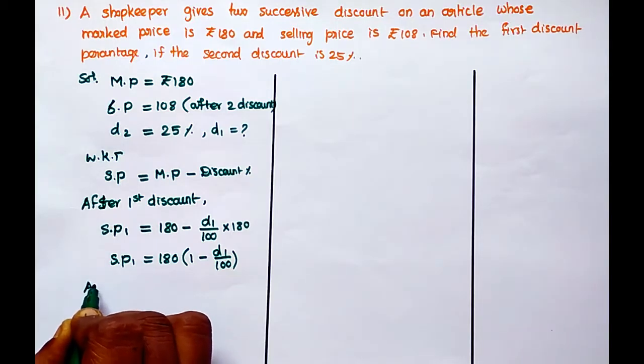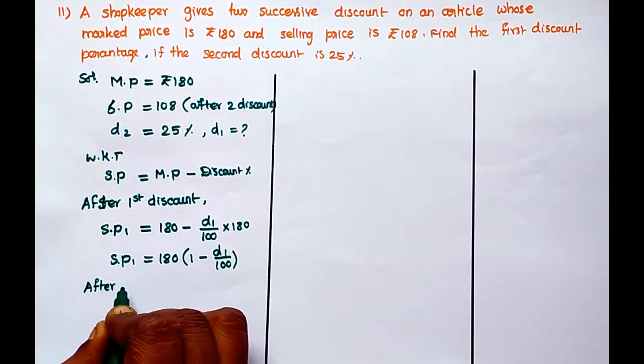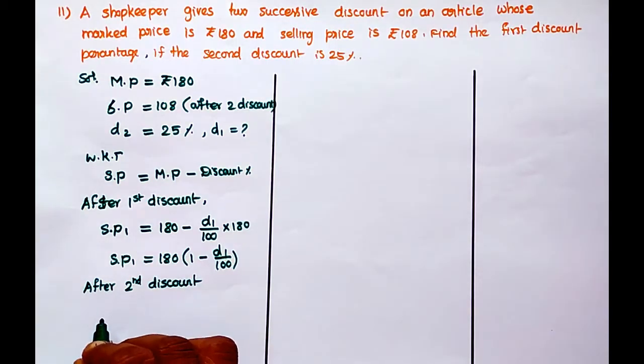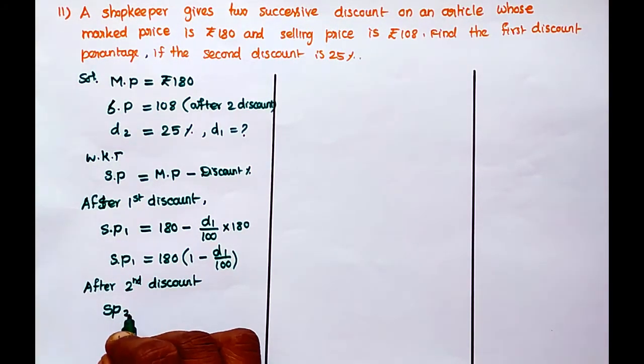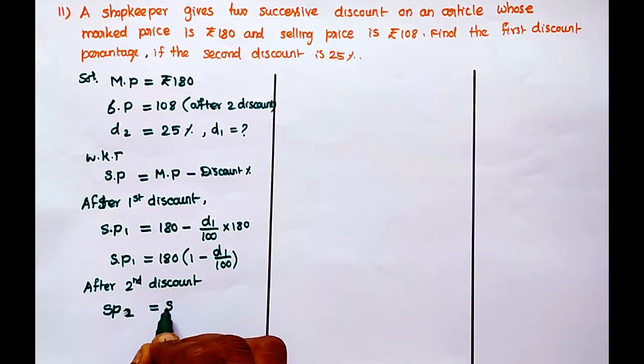Next, after the second discount, that is selling price, that is equal to selling price 1.